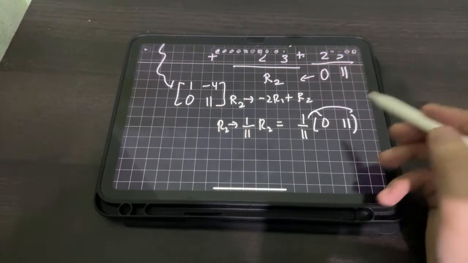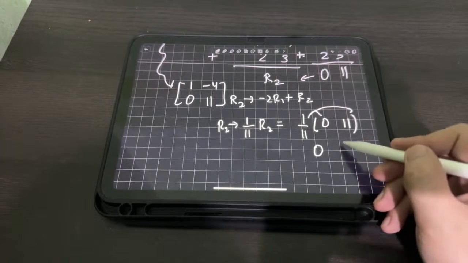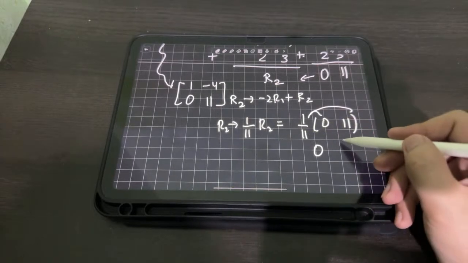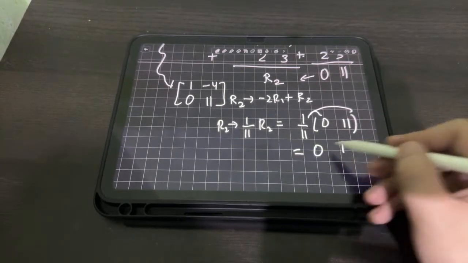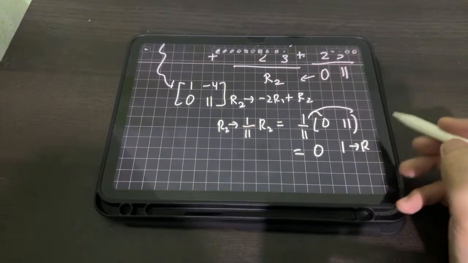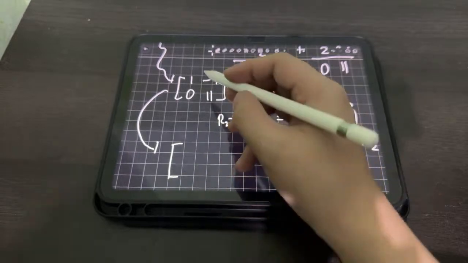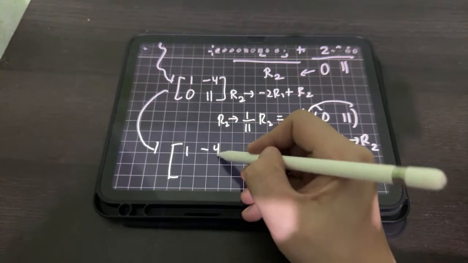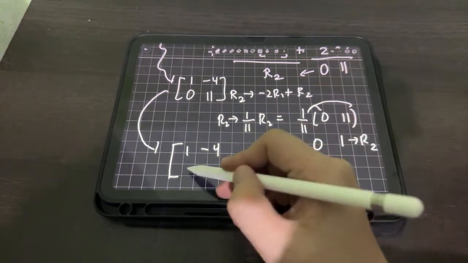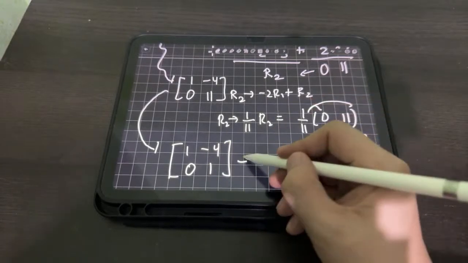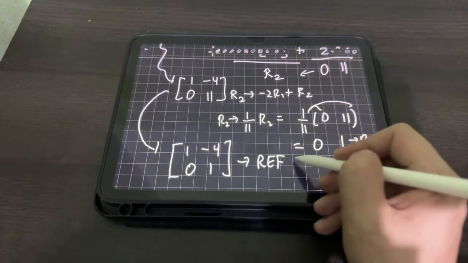Distribute this 1 over 11, we will have 0. Then 1 over 11 times 11, it's 1. So this will be the new entries in R2. So therefore, the final form will be 1, negative 4, then 0, 1. This is the REF form.